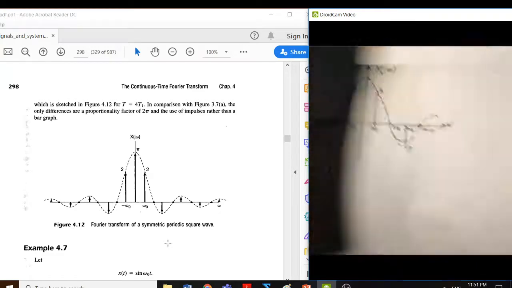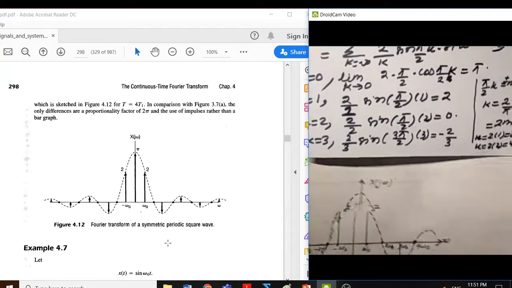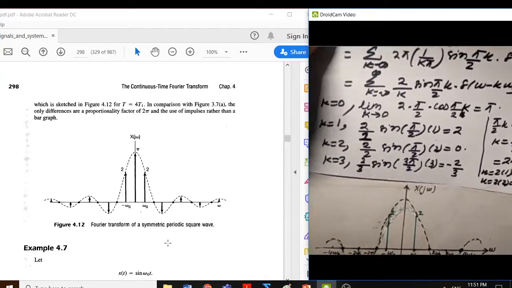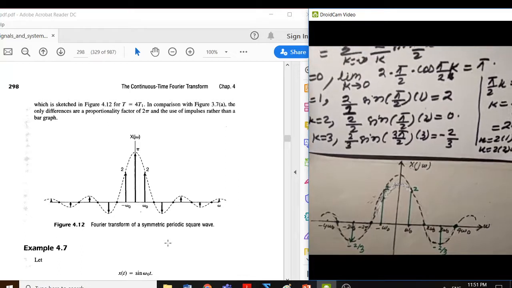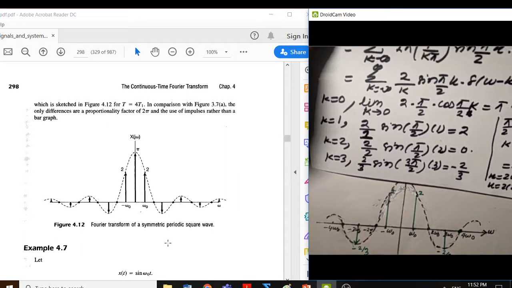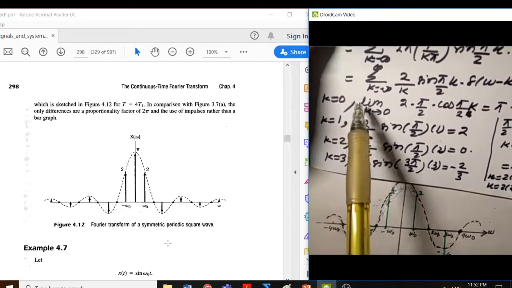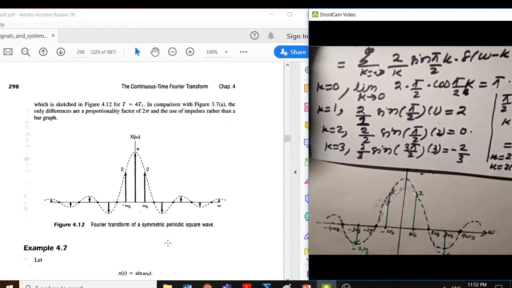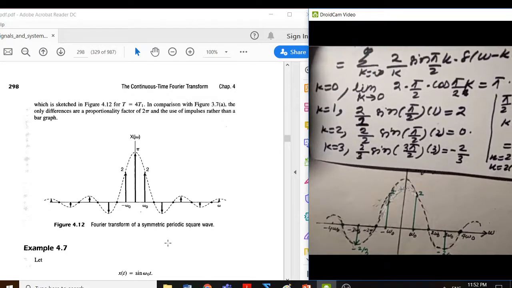I think it's easy. So we can see both of them now. We see that when k is equal to 0, we had a magnitude of pi, which I didn't write, but I'll write it here. The magnitude was pi.